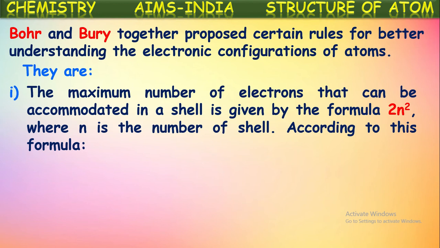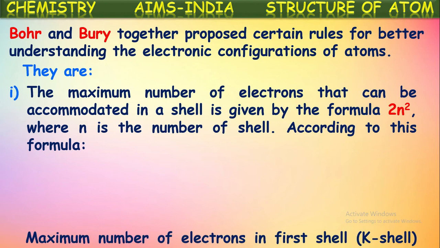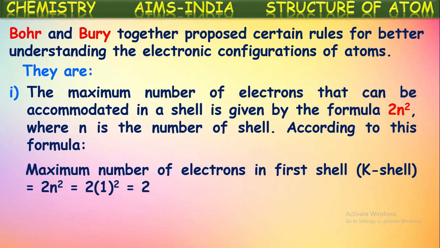One of them: the maximum number of electrons that can be accommodated in a shell is given by the formula 2n square, where n is the number of the shell. According to this formula, the maximum number of electrons in the first shell, that is the K shell, means in the place of n we substitute 1. It becomes 2 into 1 square, that is 2. So the first shell can accommodate a maximum of only 2 electrons for any atom.